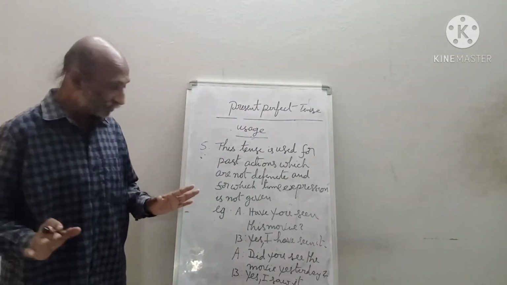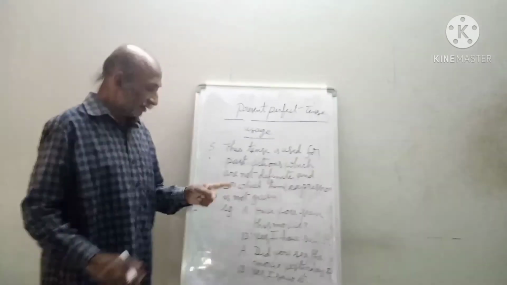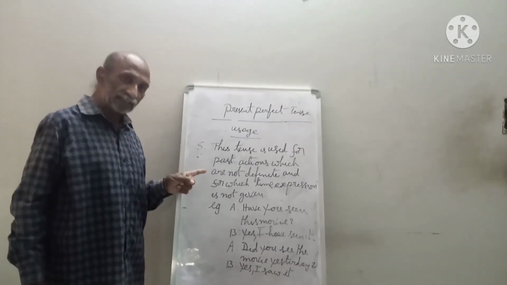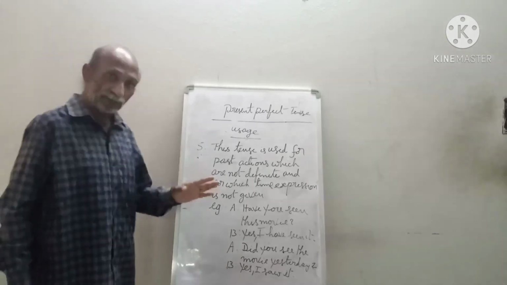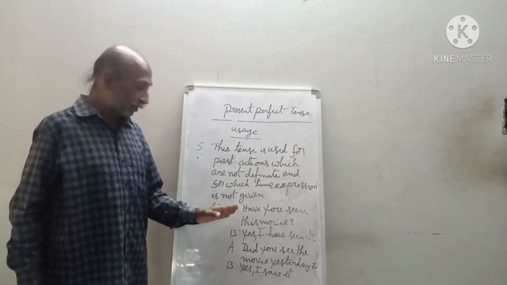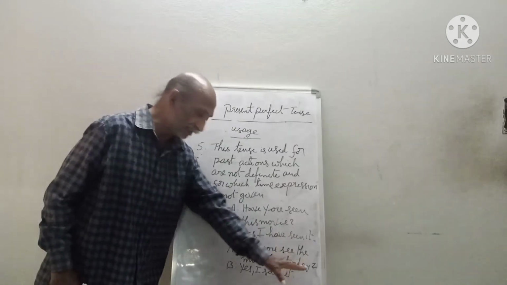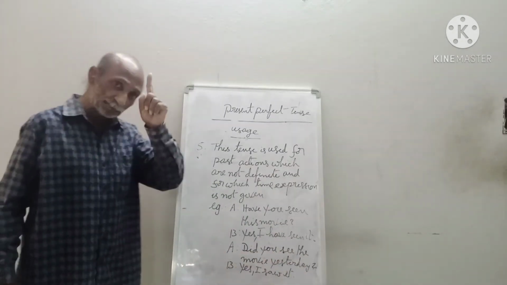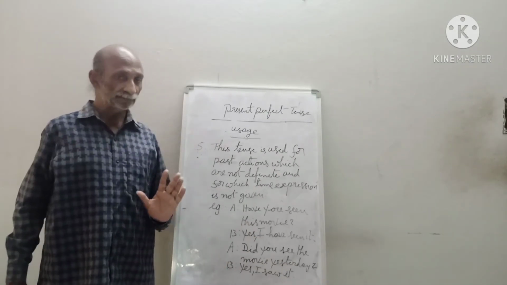So, my dear viewers, on two occasions we have to use the present perfect tense for past actions. First one, when the past action is not definite. Second one, when the time expression is not given. If the time expression is given, use past tense.